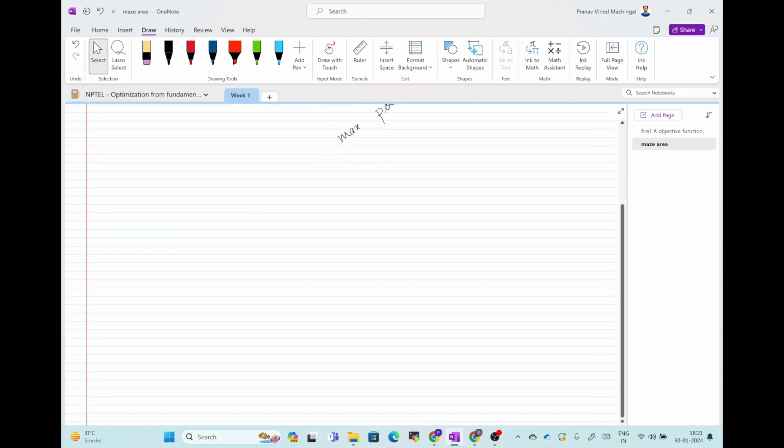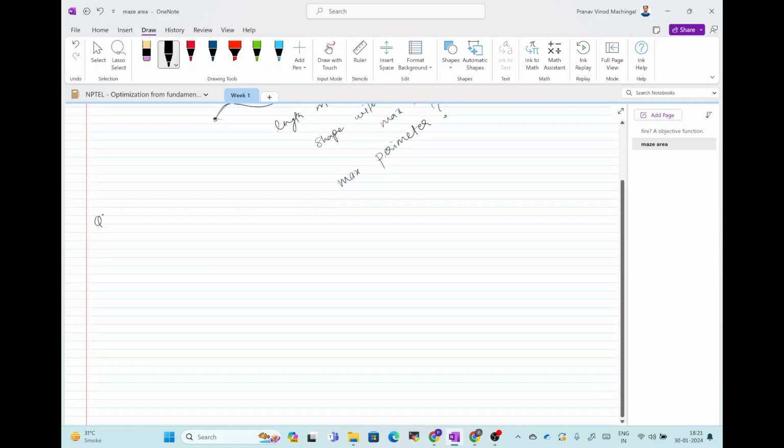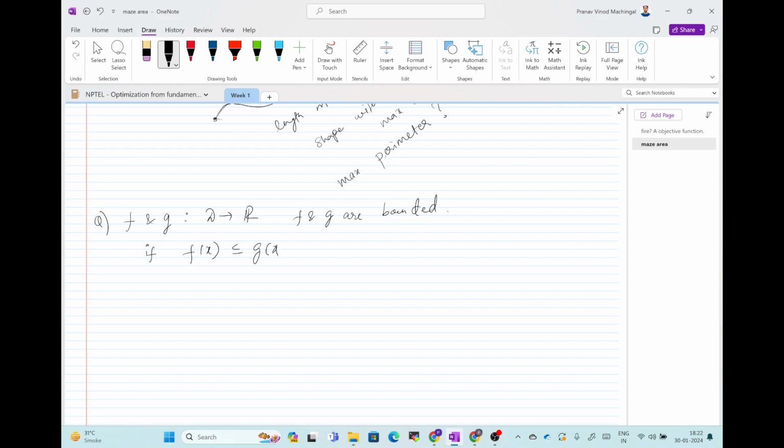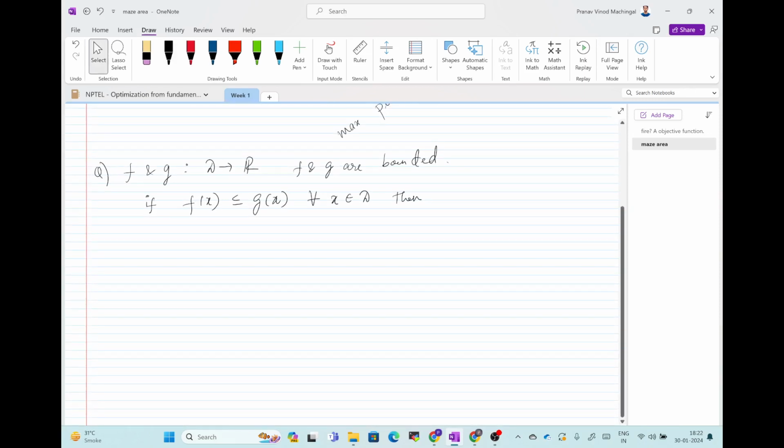Okay, look at this question. If you have functions f and g from some domain D to R, and f and g are bounded, then if f of x is less than or equal to g of x for all x in D, what is the relation between sup f over D and sup g over D?